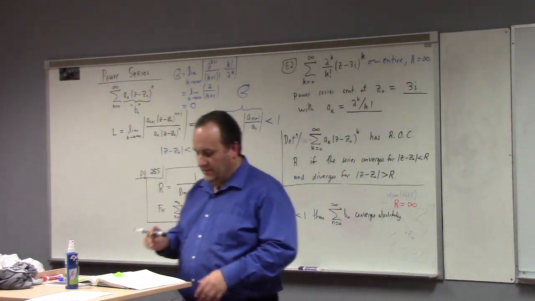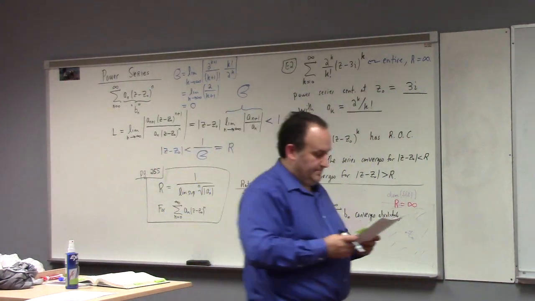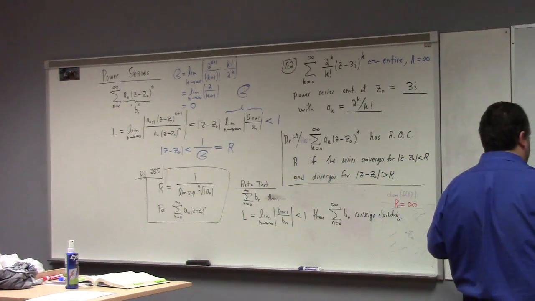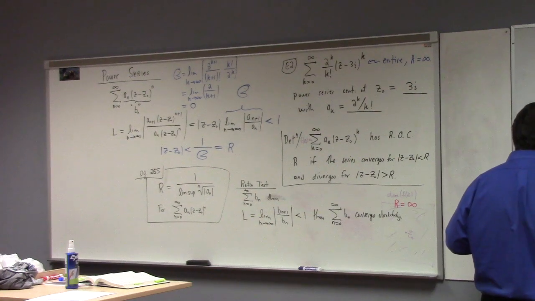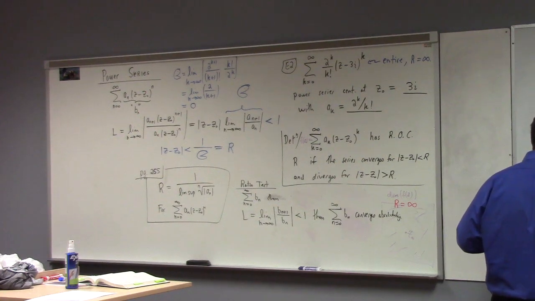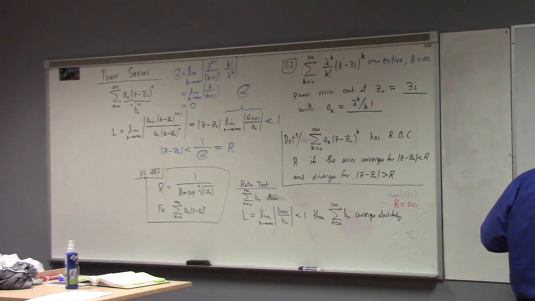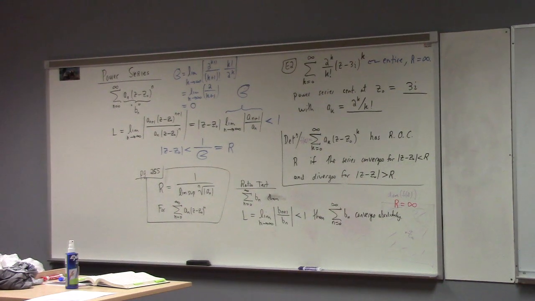And what can you tell me about the radius of convergence? It's got to be greater than or equal to rho.